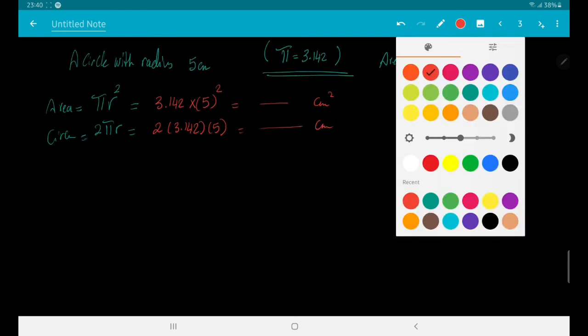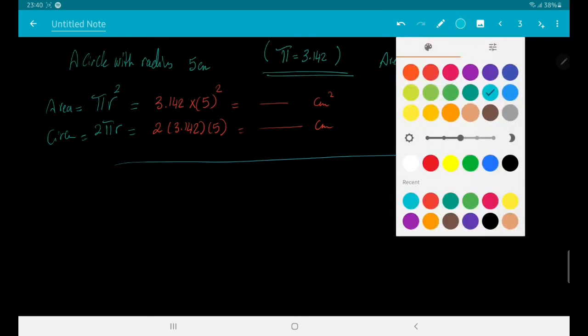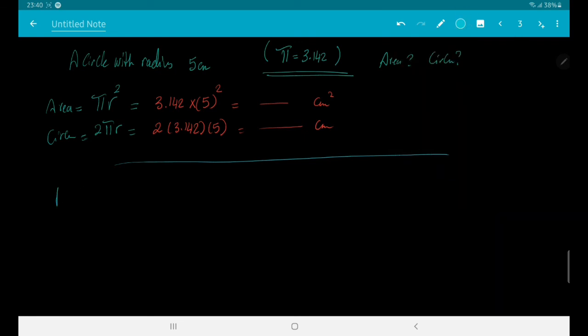I know that you need another example to understand more. A circle with radius 4 centimeters, or sorry, diameter 8 centimeters.